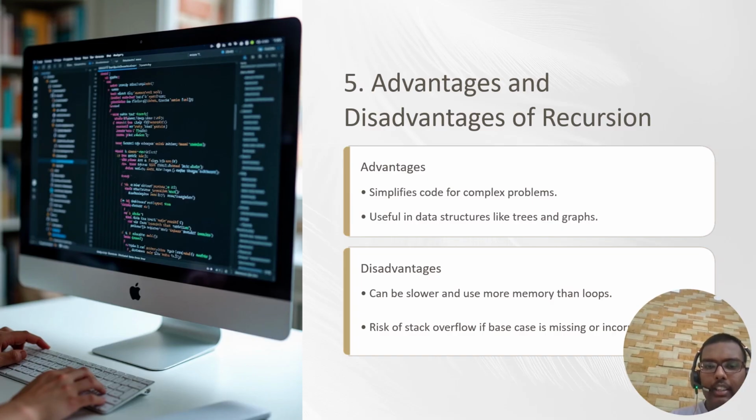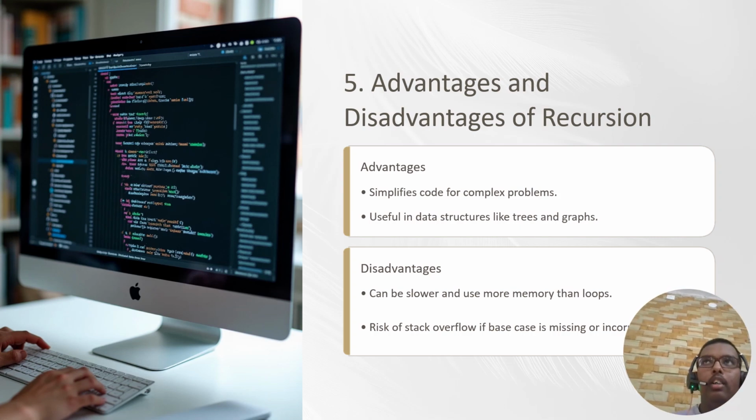Now, what are disadvantages? Can be slower and use more memory than loops. Risk of stack overflow if the base case is missing or incorrect. The memory used is more, and if the base case is missed, then the risk of stack overflow is high.